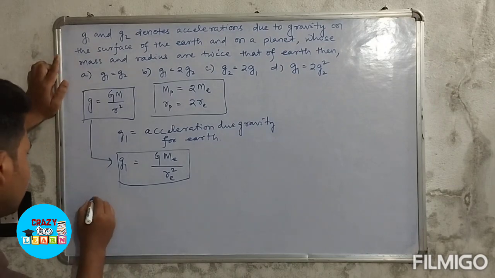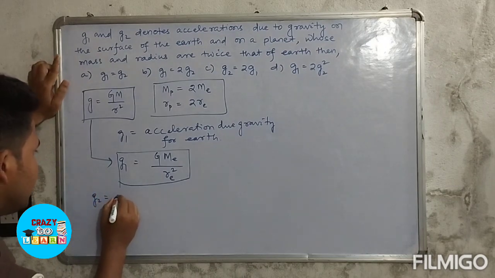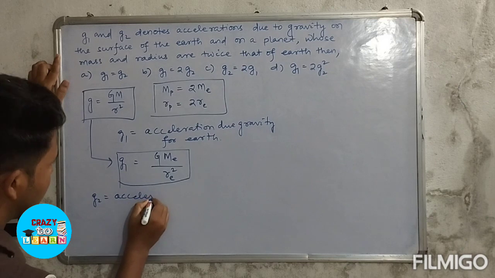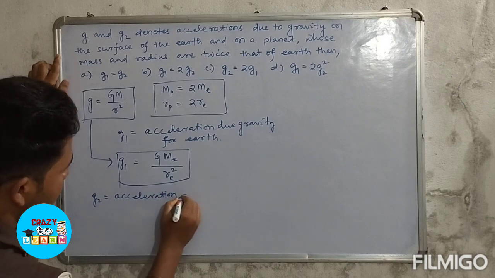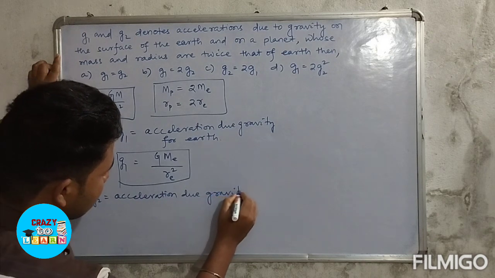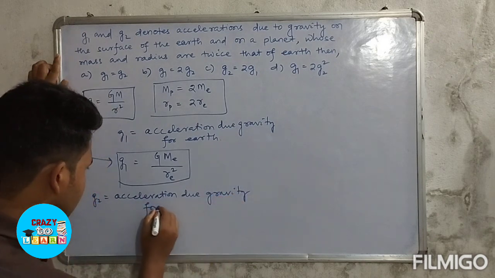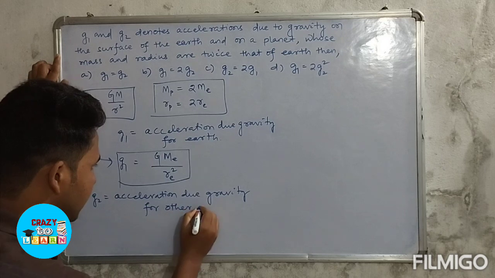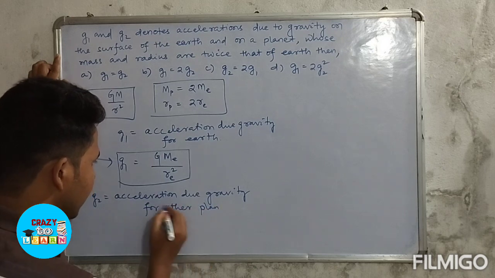Similarly we will go for g2. What is g2? g2 is the acceleration due to gravity for the other planet.